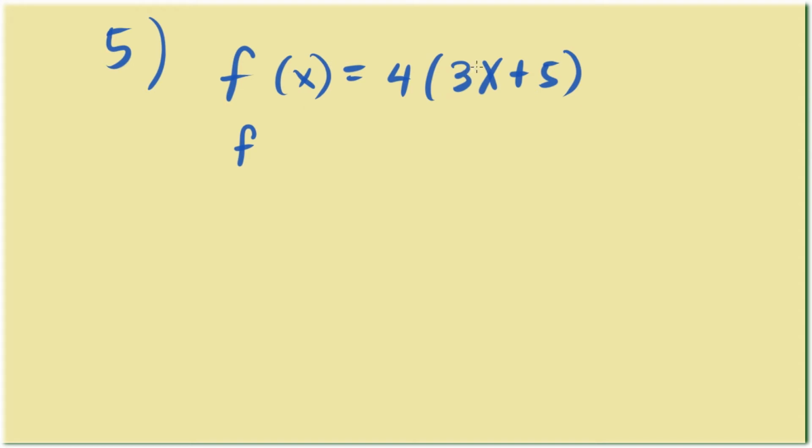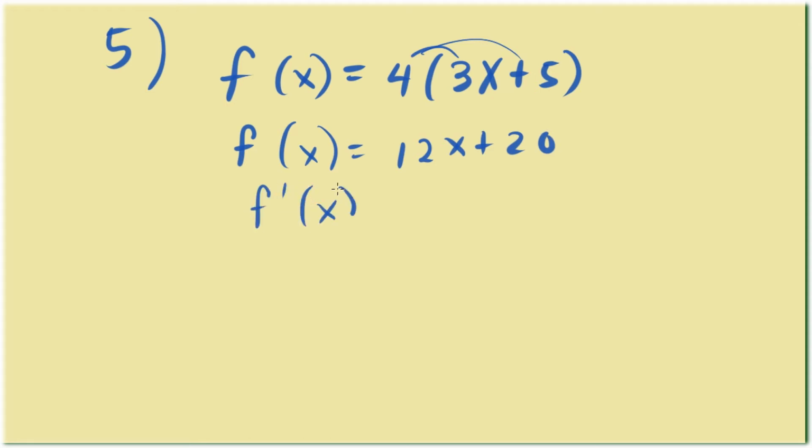So two things, you can distribute the 4 if you want. Let's say distribute this 4, got 12x plus 20. Now you get the derivative, which is what? 12, okay? And then this is constant, so the derivative is just 0.